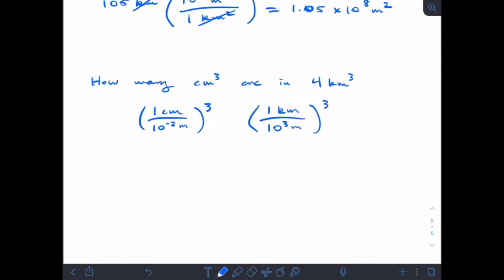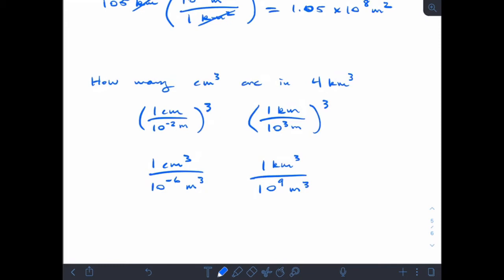What those conversions become is 1 cubic centimeter is 10 to the minus 6 cubic meters, and 1 cubic kilometer is 10 to the 9 cubic meters.